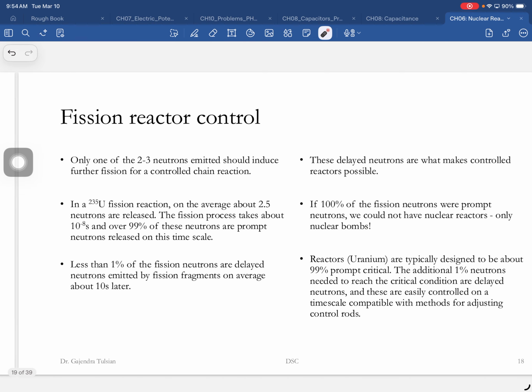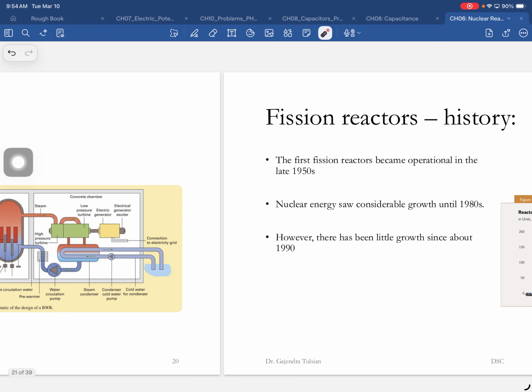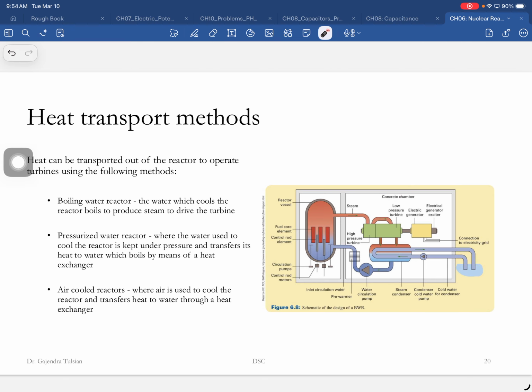All right, so here's another picture. So these are control rods, those are fuel rods. Here's water that, when a nucleus is split, heat is produced, this water will get hot, turn into steam, which is going through a turbine.